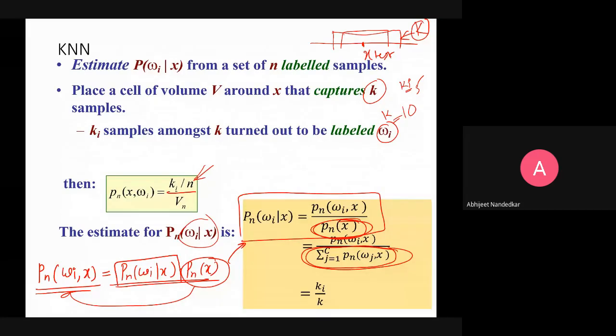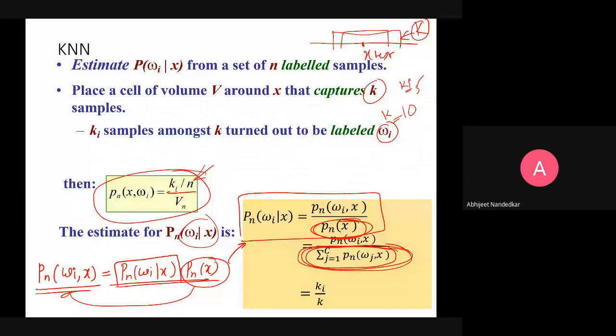So that is the total probability of occurrence of x in different classes. So we know this is the joint probability of x and omega I, and here I want the sum of all such probabilities.